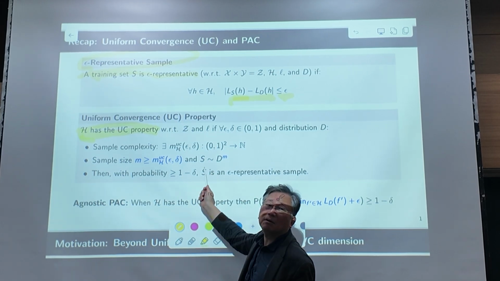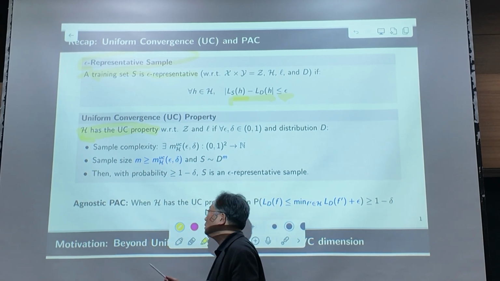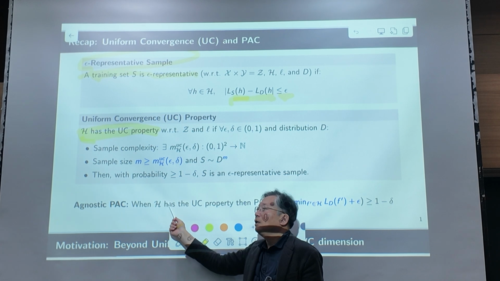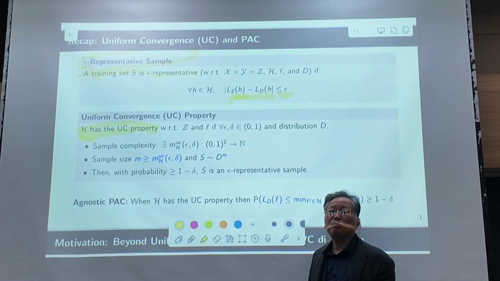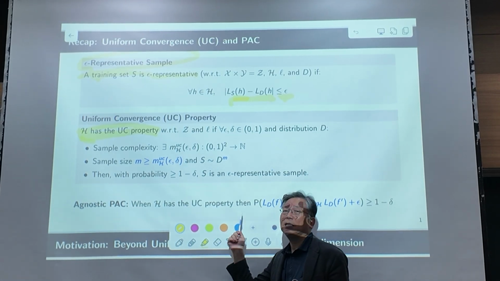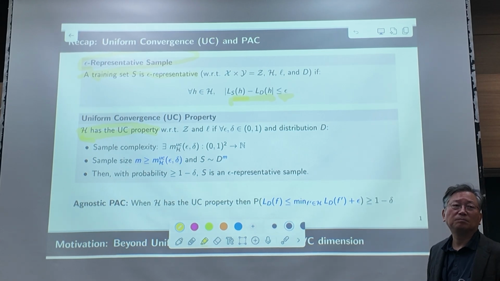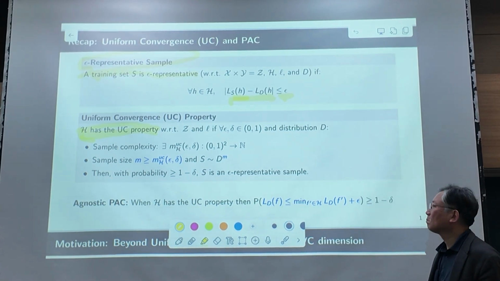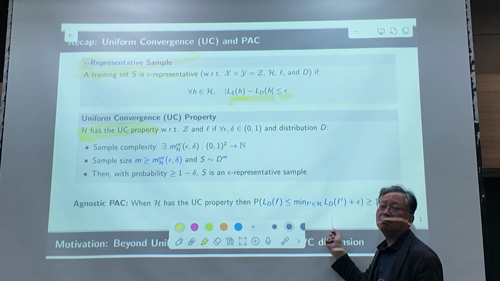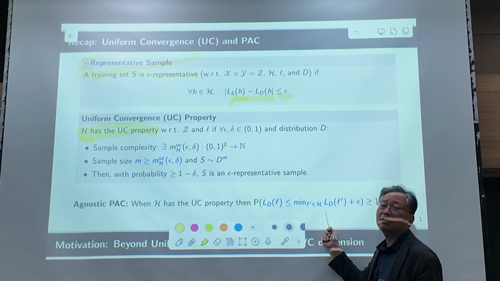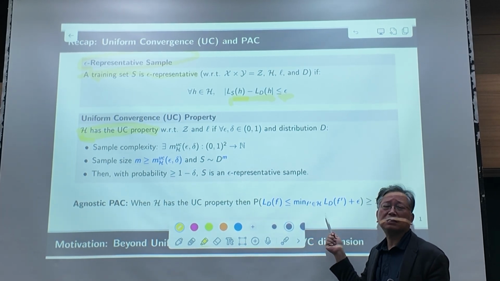Putting all this together, we get this agnostic PAC statement. If the hypothesis class has the uniform convergence property, then this is true: the test error is bounded above by the minimum test error that you will get by going through all the hypotheses in the hypothesis class.